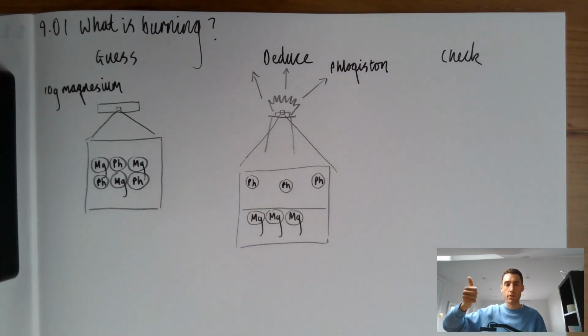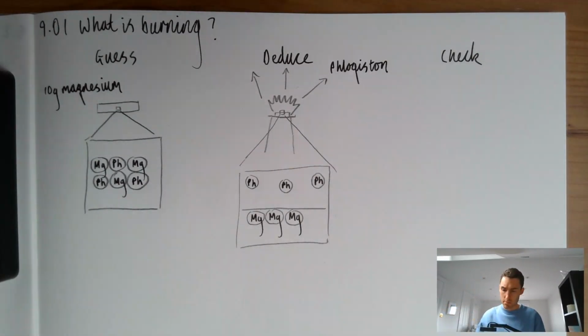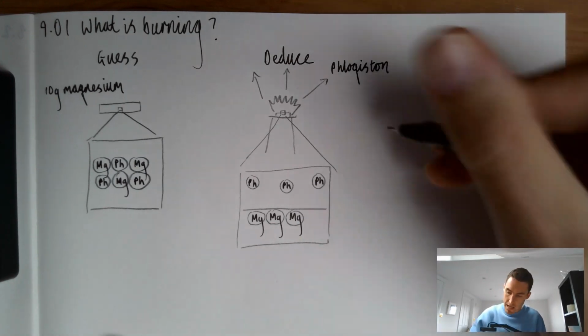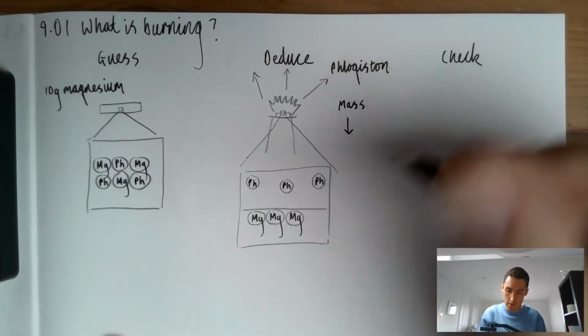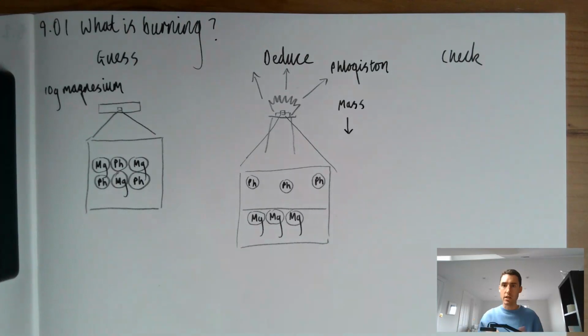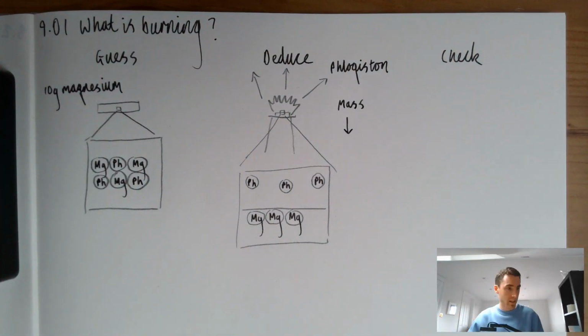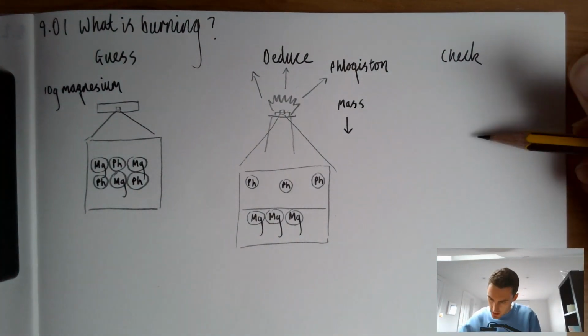And I might do a kind of whole class check, thumbs up, thumbs down. I say, okay, what would you expect to happen? Is the mass going to increase, decrease, stay the same? And what I want them to think about is, if this theory was true, then what we'd expect is that the mass of the product is going to be lower than 10 grams. It's going to decrease.